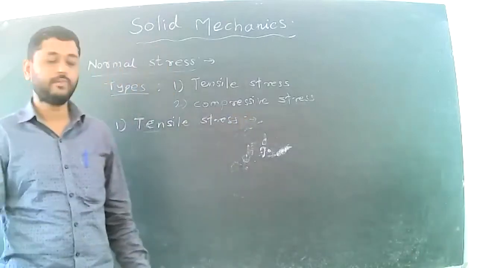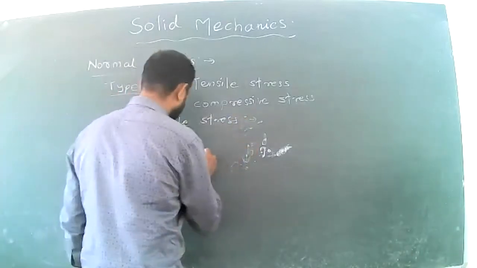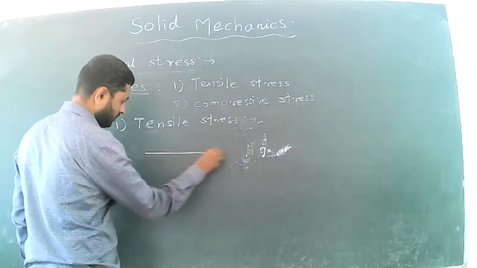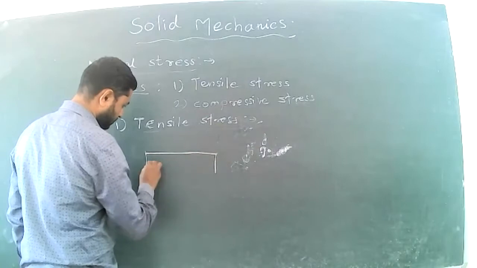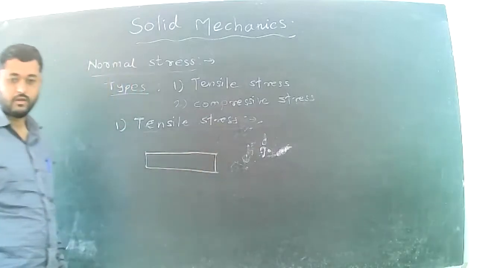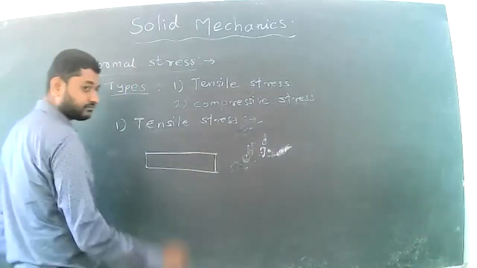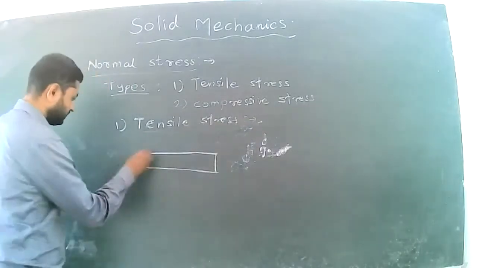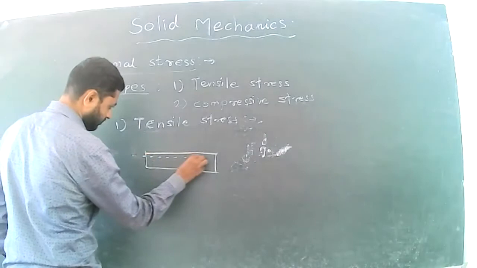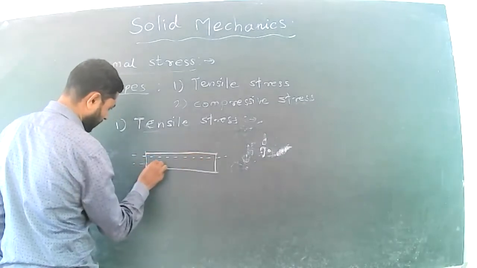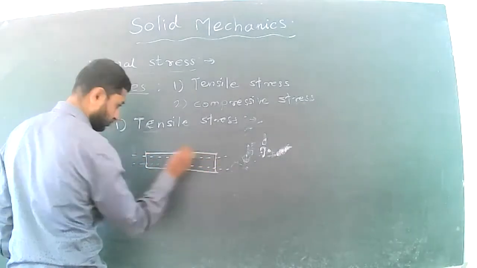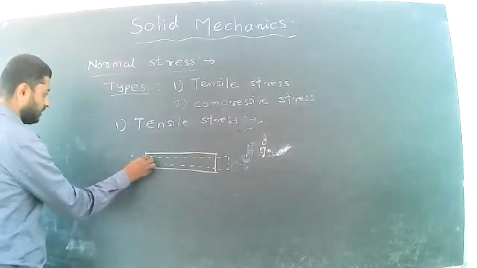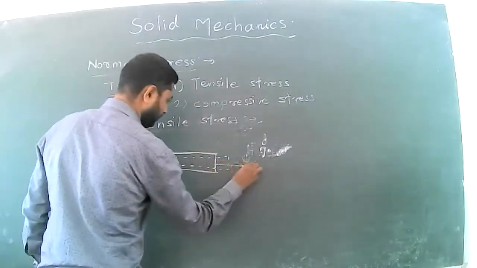For example, suppose a body, when we apply two equal opposite pulls to this body, it increases the length of the body.